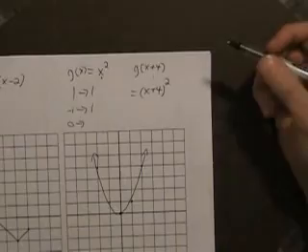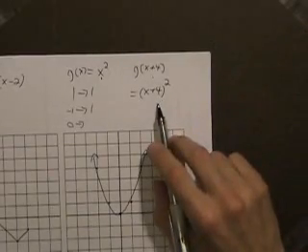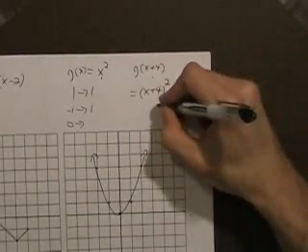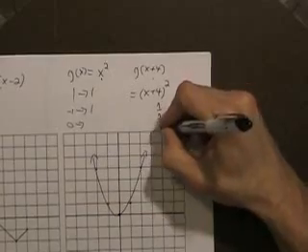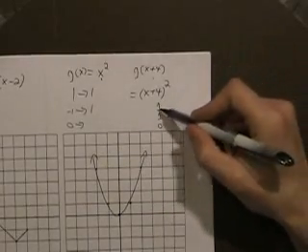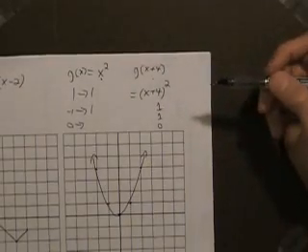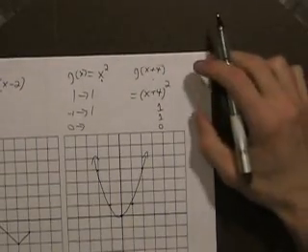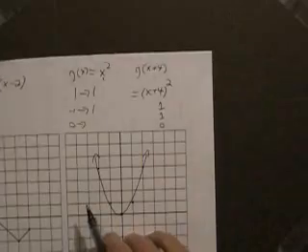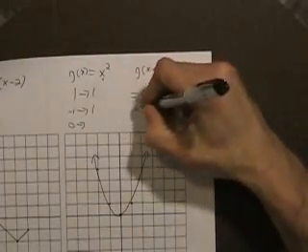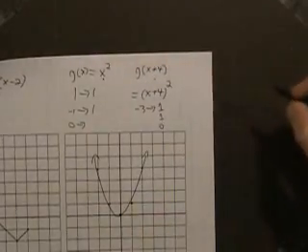I'm going to ask you again, what numbers now are going to get mapped onto 1 and 0? So what number gets mapped onto 1 now? It used to be positive 1, but now it's going to be minus 3 that gets mapped onto 1.